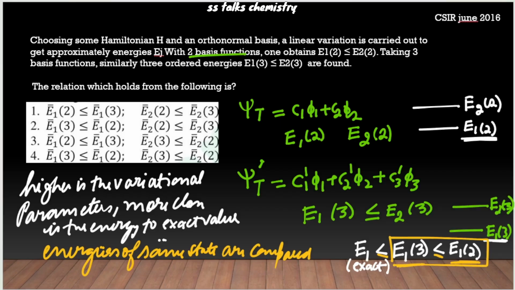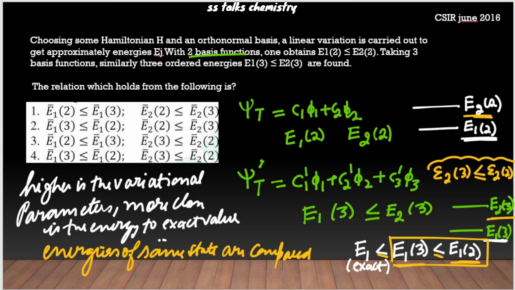In a similar way, if you compare the E2 levels, the one with three basis functions has lower energy compared to the one with two basis functions. So E2(3) is lower than or equal to E2(2).